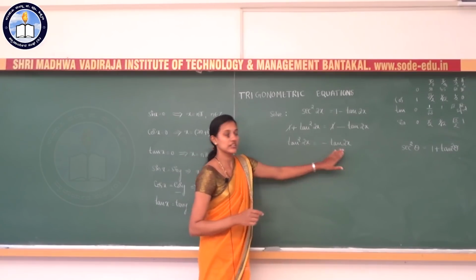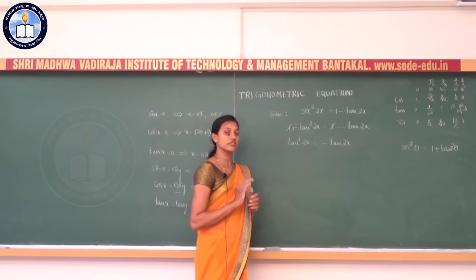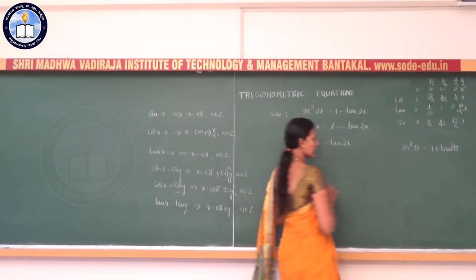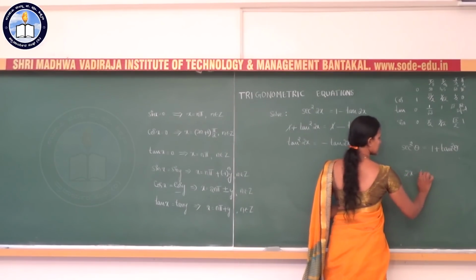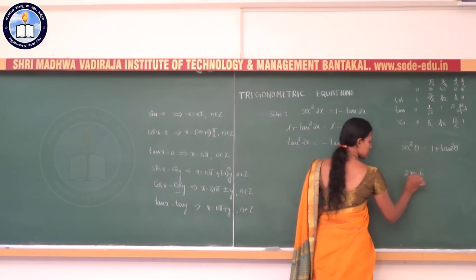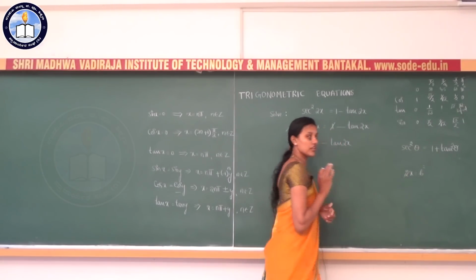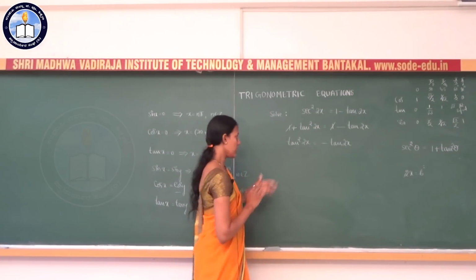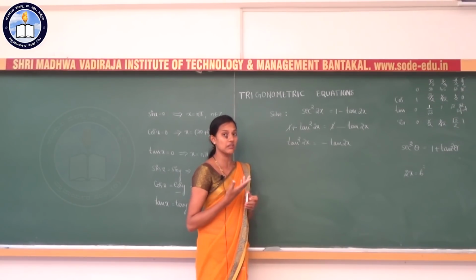Tan 2x is a factor in both LHS and RHS, but we cannot cancel tan 2x. In fact, we can cancel the factor. Suppose in the equation, if it is 2x is equal to 6, we cancel the factor 2 because 2 is not 0. We can cancel the factor only if the factor is not 0. Here the factor is tan of 2x, which can be 0.